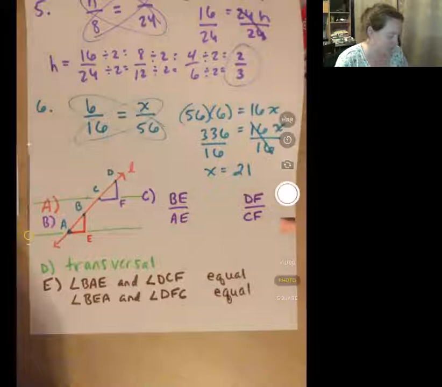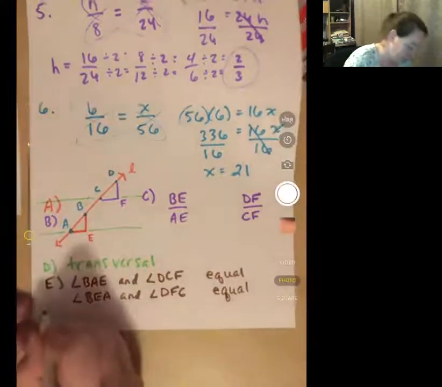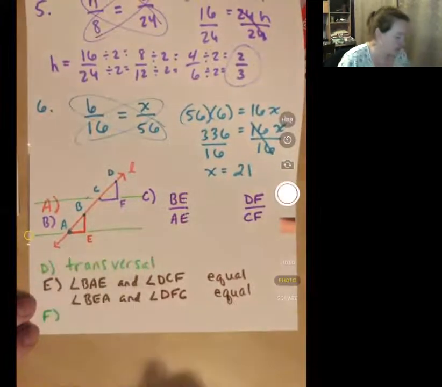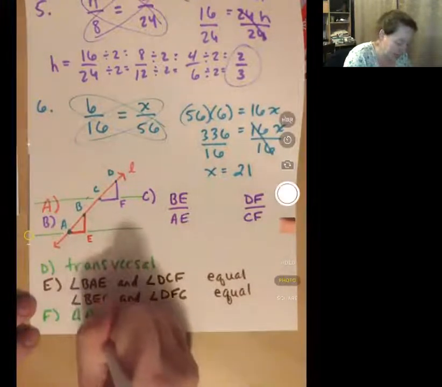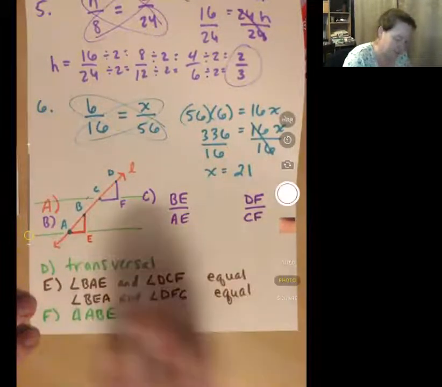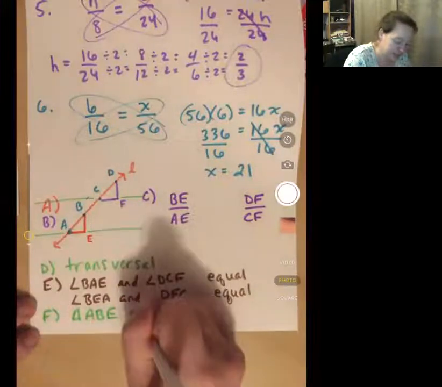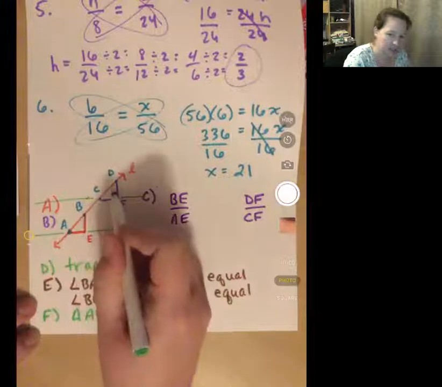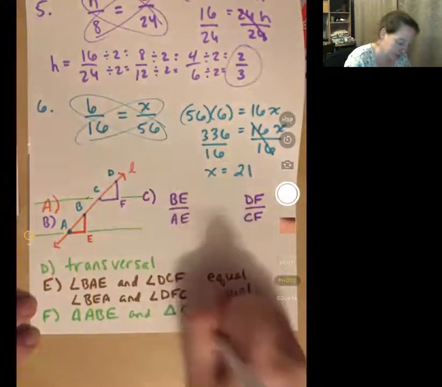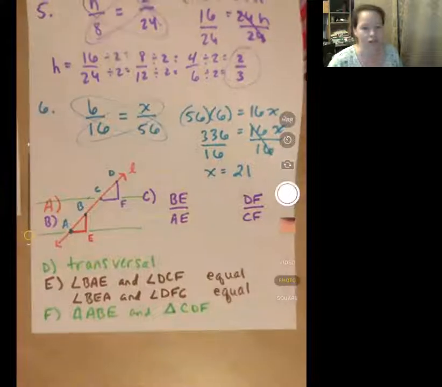Letter F. By angle-angle similarity, triangle ABE, that's this one, ABE, and triangle CDF, that's that one, are similar triangles.